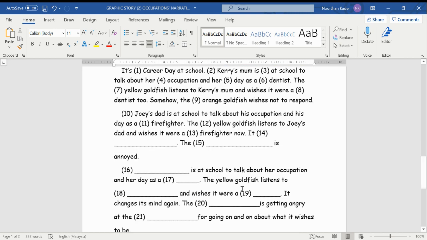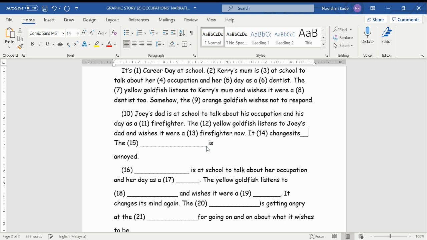Changes its mind. So it refers to the yellow goldfish. It changes its. Why is it ITS? Because you can't write IT apostrophe S. This is showing possession.